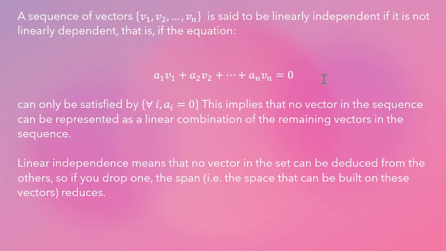And if this equation is true only for a1 to an equal to 0, then v1 to vn are linearly independent. It means that none of the vectors v1 to vn can be eliminated. And if we eliminate one of these vectors, actually we eliminate one of our answers.